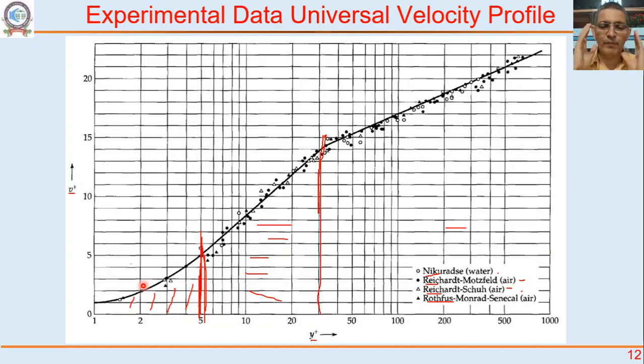I don't have to resort to empiricism. I don't have to wait for somebody to give me the friction factor. I can calculate everything based on microscopic balance. That's the point that I'm trying to drive at.